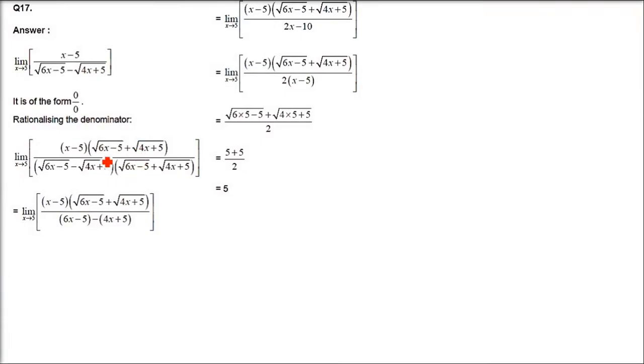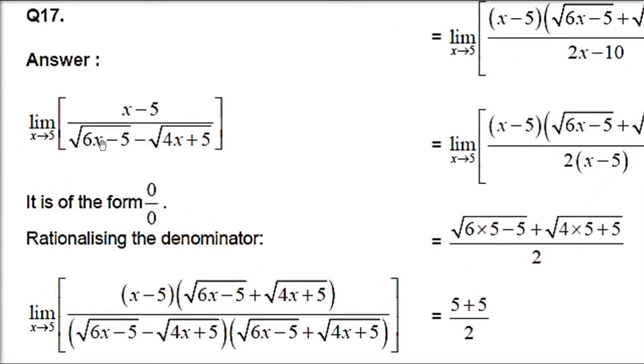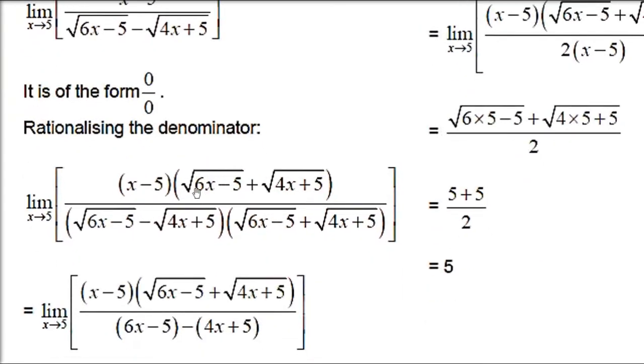This is question number 17. So x minus 5 by under root 6x minus 5 minus under root 4x plus 5. It's very straightforward. Just multiply the rationalization factor of the denominator in the numerator and denominator. So under root 6x minus 5 plus under root 4x plus 5, numerator and denominator.